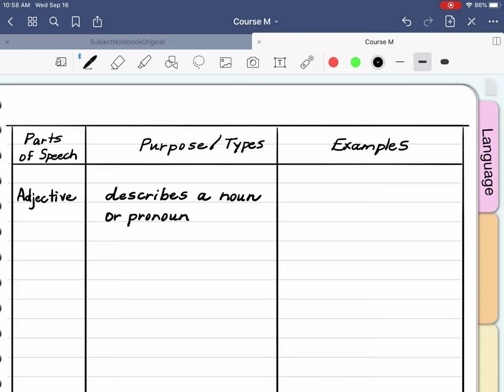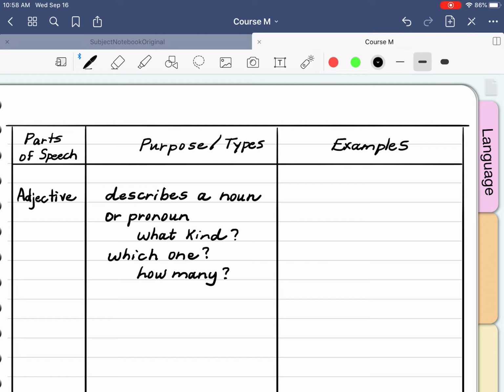Adjectives answer three questions. They tell me what kind, which one, and how many. So these three questions go with adjectives.